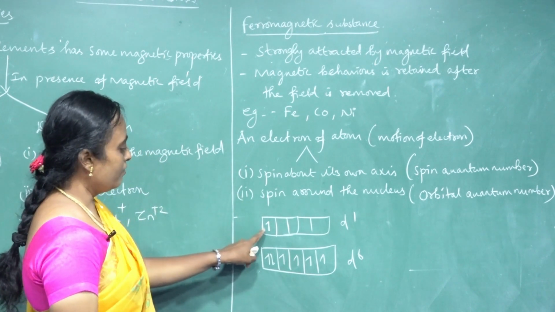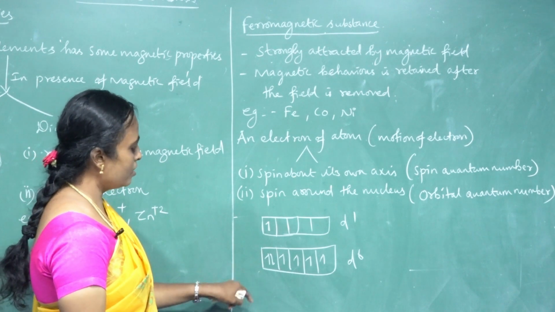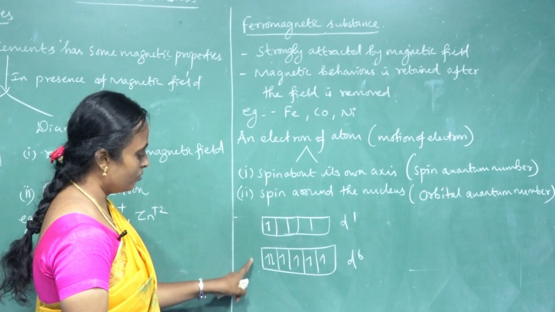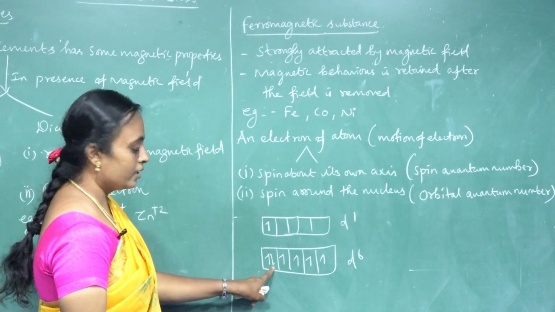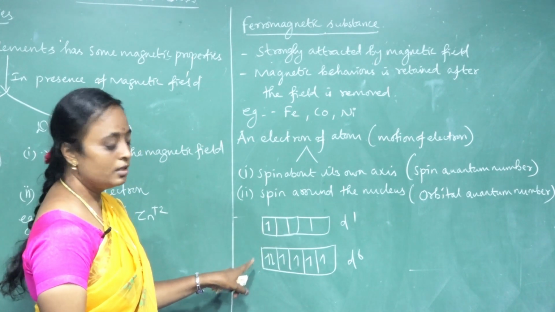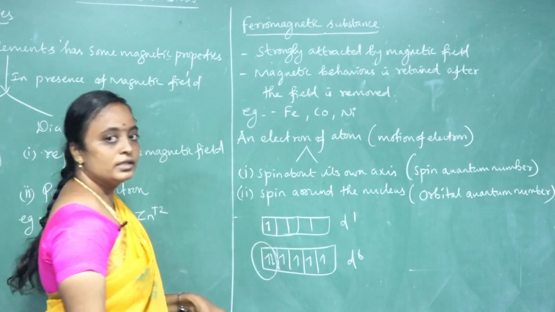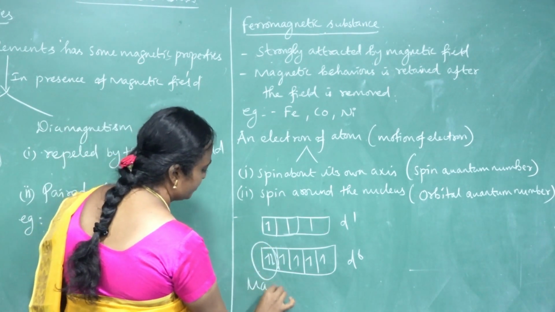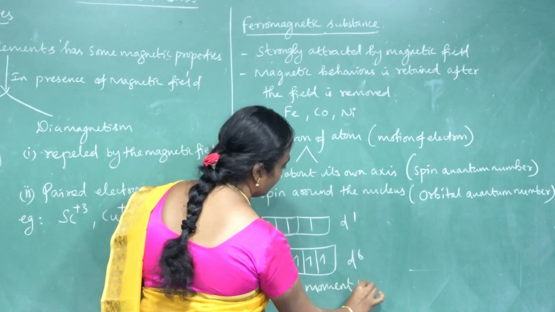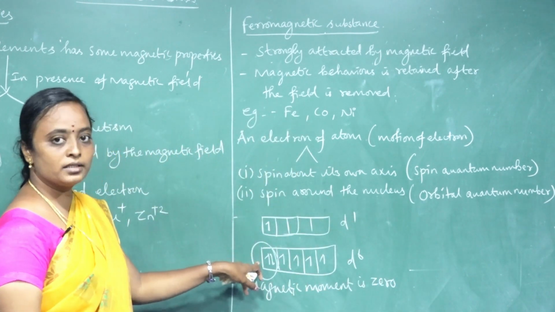Here the first electron creates a magnetic field moving in one direction, and the second, antiparallel electron creates a magnetic field moving in the opposite direction, so the magnetic moment is taken as 0. One spin is cancelled by the other spin.